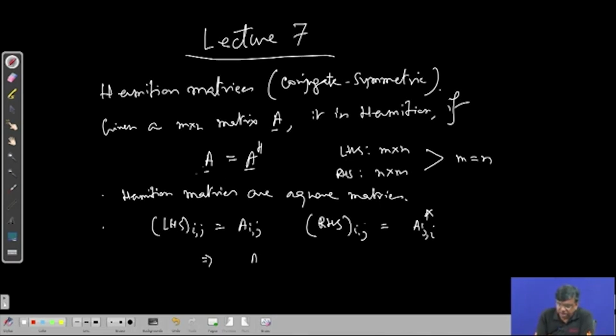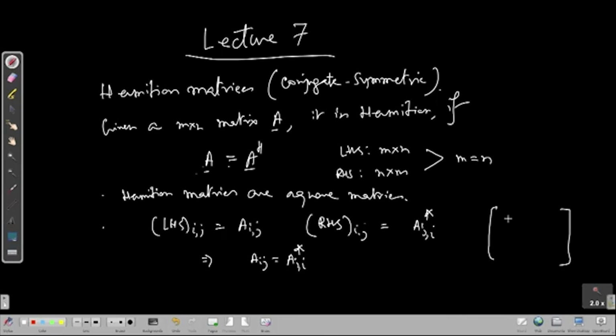And these two are the same, because the two matrices are equal. So, the i comma jth element on the left hand side for any i, any j will be the same as the i comma jth element of the right hand side. That means Aij and Aji are conjugates of each other, and that is why it is called conjugate symmetric. The i comma jth position and the j comma ith position are conjugates of each other.